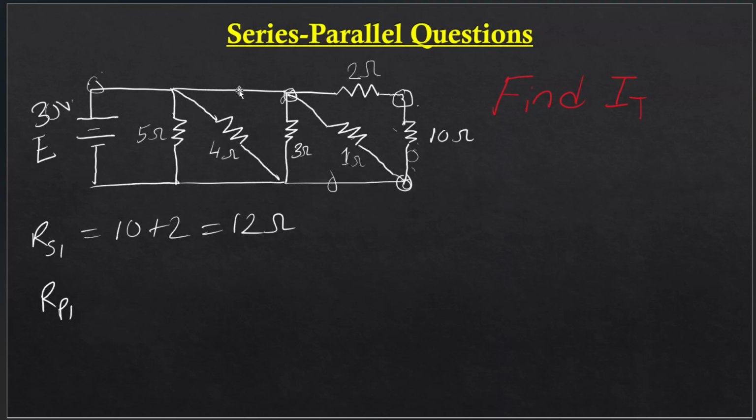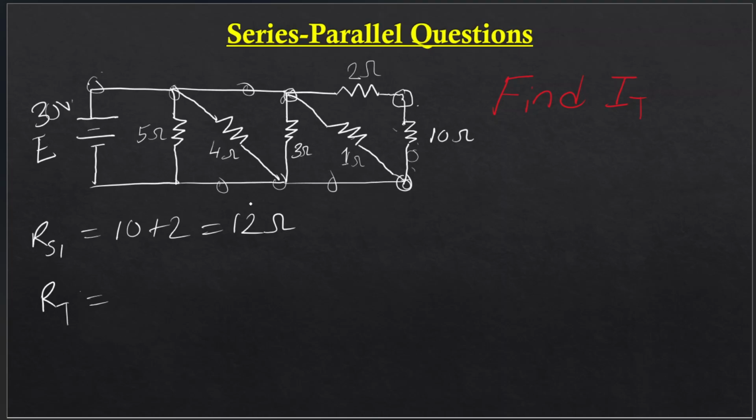Again a common point, and again this 4 ohm is in parallel with 5 ohms. So common point, common point. So our RP1 will actually be RT. So let's change that to RT.